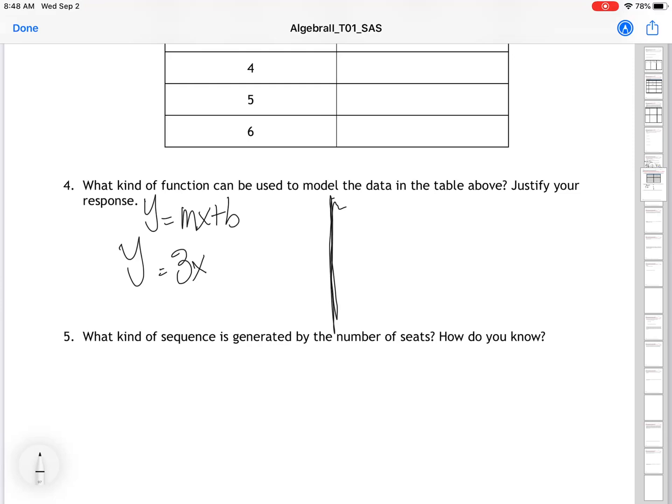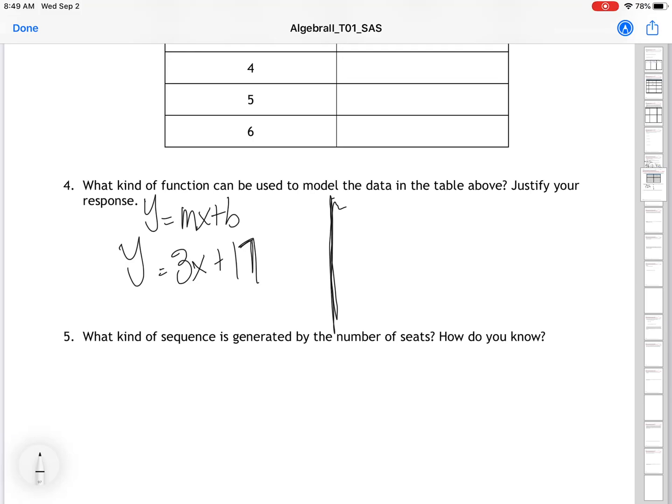Okay? But in order for me to get a 20, we are going to have to use 17.